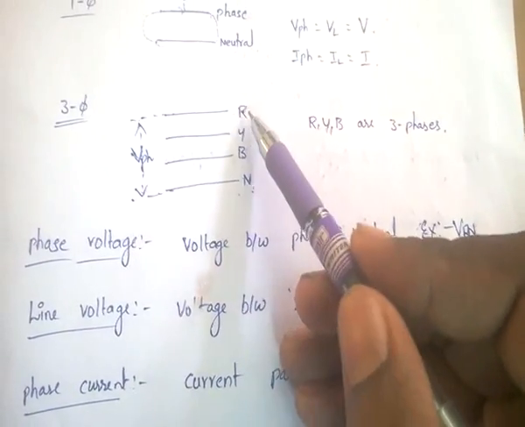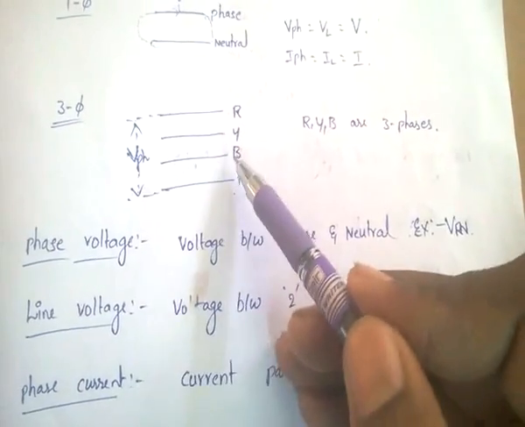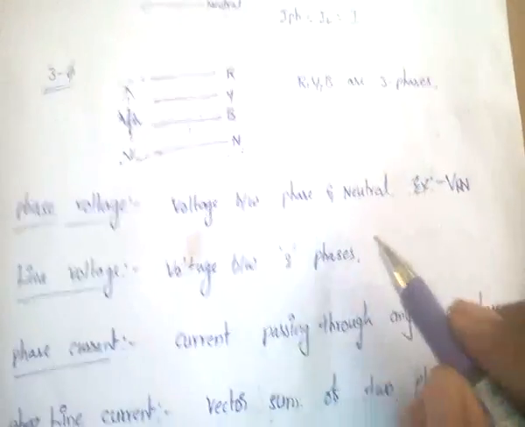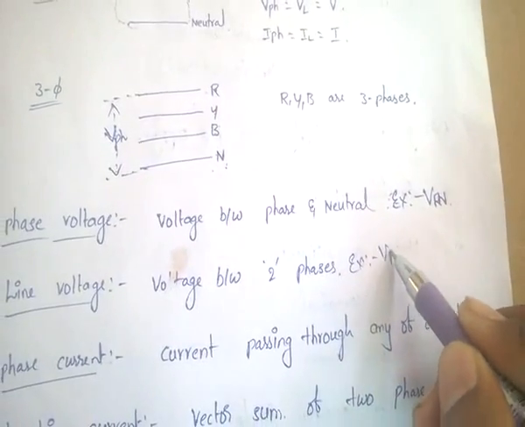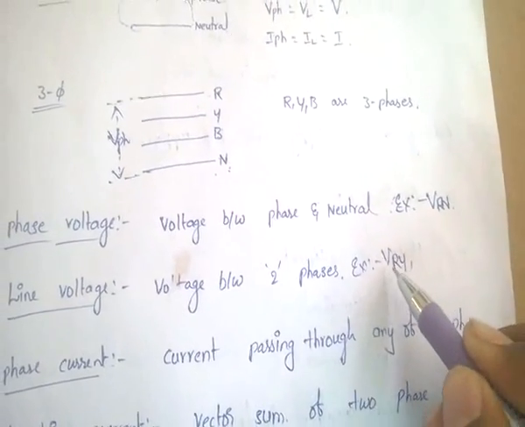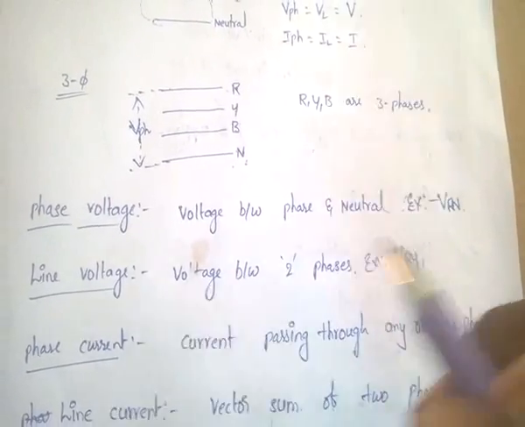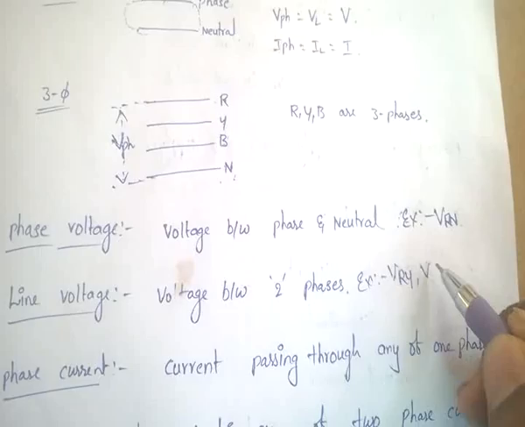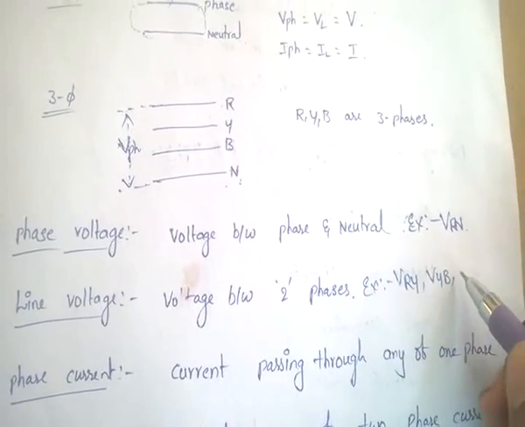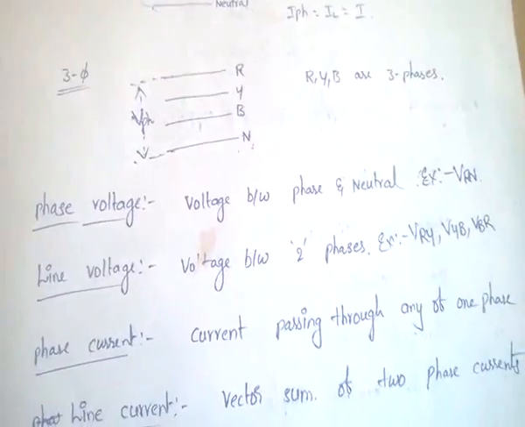That is, the voltage between R and Y, or between Y and B, or between B and R. R and Y are phases. So the voltage between two phases is line voltage: VRY, VYB, VBR. These are line voltages.